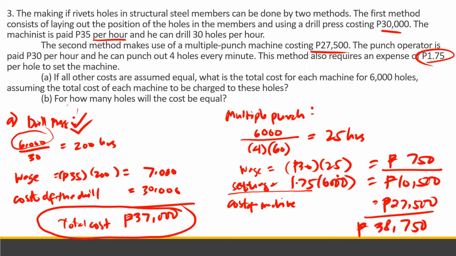So merong difference na 1,750. So for the question of A, mas may savings dun sa manual na drill press.